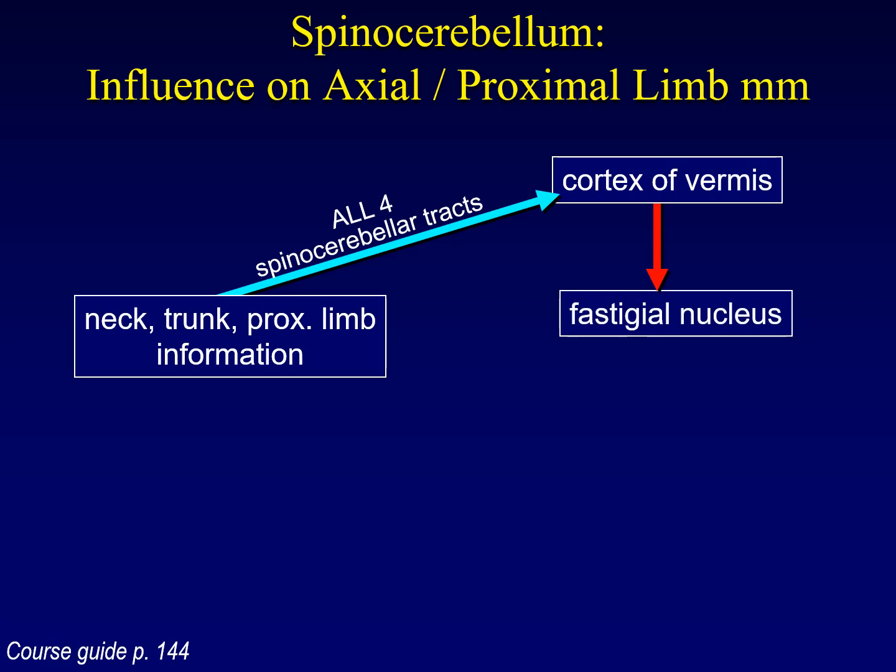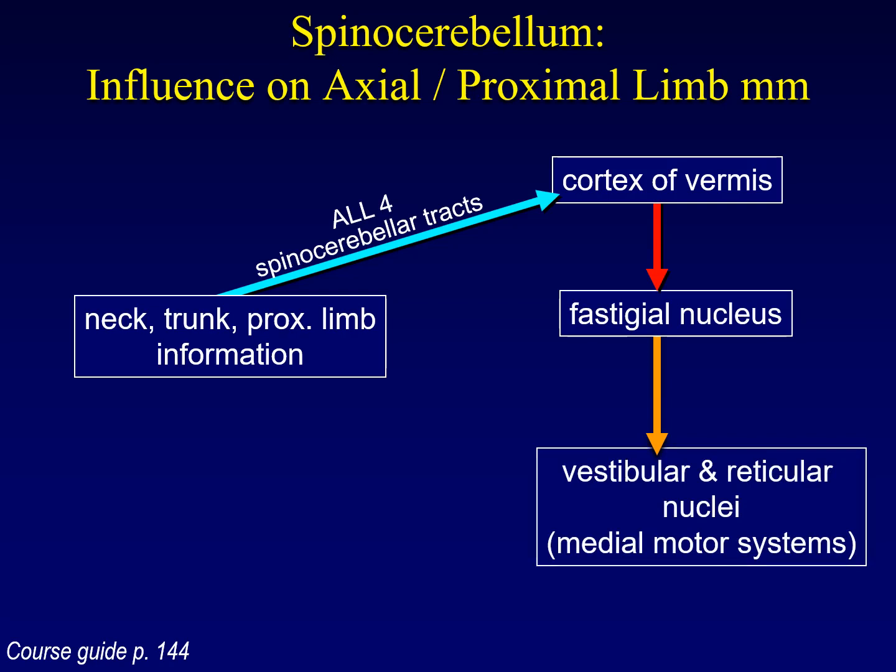So the fastigial nucleus gives rise to axons that come back out and influence the behavior of upper motor neuron pathways that themselves will influence movement in the trunk and proximal limbs. That's, of course, the two vestibulospinal tracts and the two reticulospinal tracts. So the medial motor systems are the target of this part of the spinocerebellum.